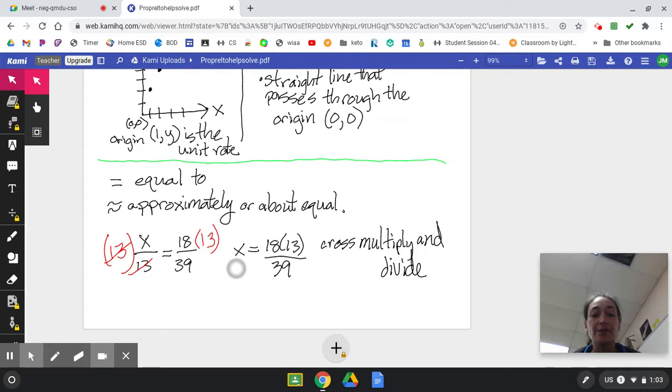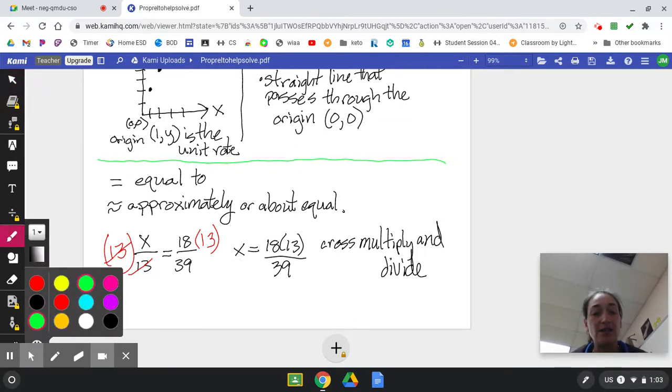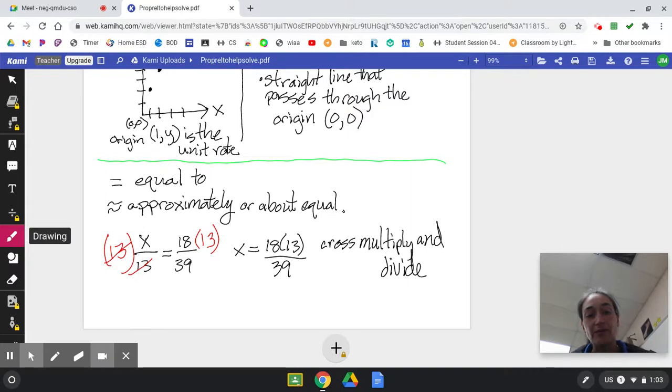Another way people have heard about this is that it might be expressed by saying cross multiply and divide, where you would take these two numbers, multiply them, which is what I said over here, and then divide by the remaining amount to find out x. So if I multiplied those two and then divided by 39, I would end up finding out my answer.